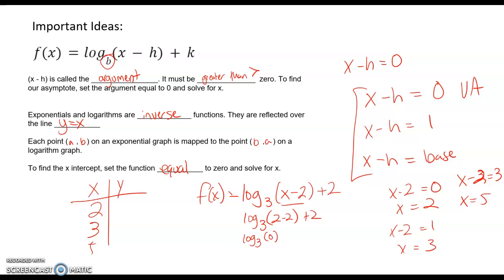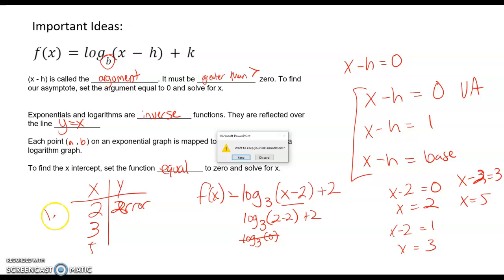That's impossible. This is my error, so this is going to be 2. This cancels out and becomes a 0. So that is where my vertical asymptote is. When x is 2, we have nothing.